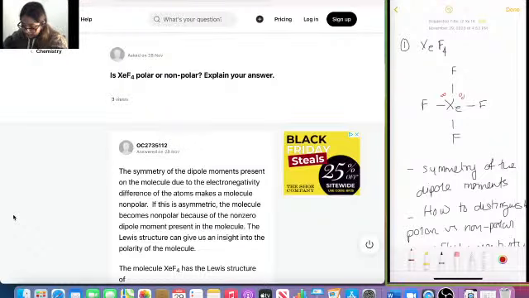And fluorine would have 6, right, to get a full octet, so it would have 3 lone pairs, each of the fluorines in this case.